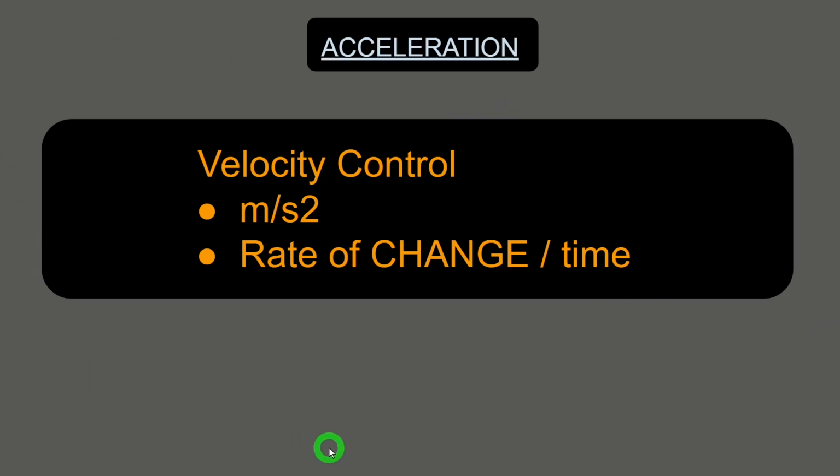This topic will be about acceleration. It has to do with velocity control. Mathematically, the math people like to present acceleration as some distance, in this case meters, per second squared. And early on, when I was messing around with motion control, that always just confused me.